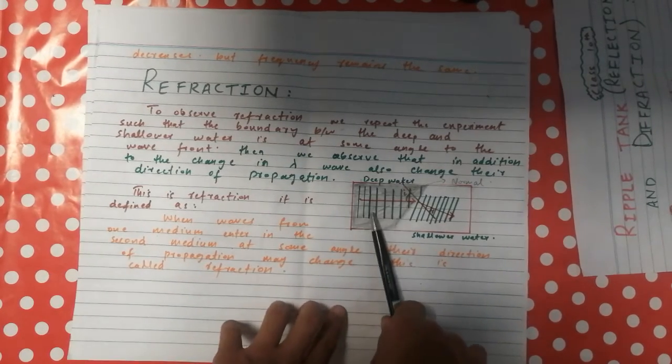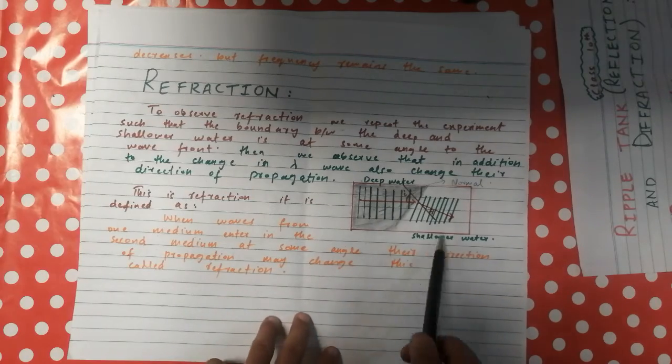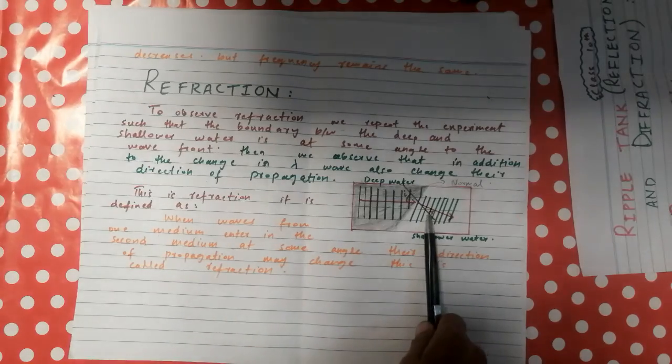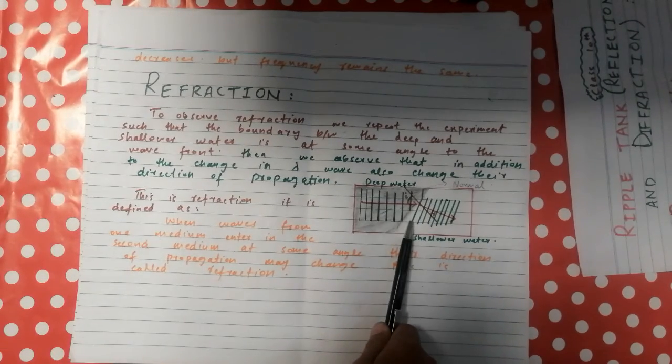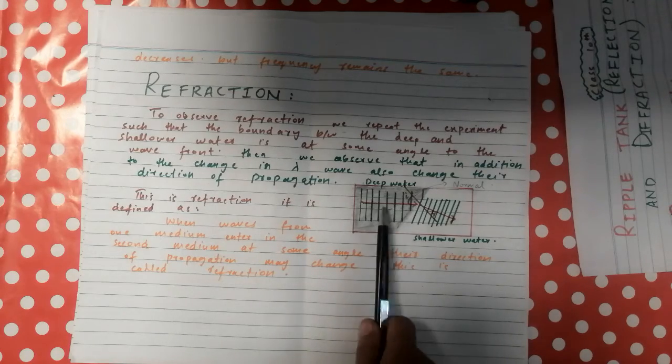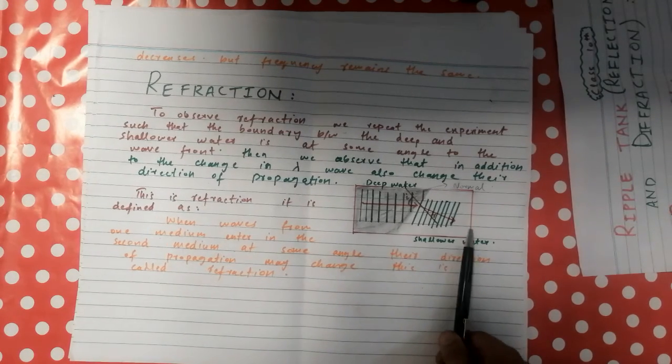Their wavelength decreases and their direction of propagation also changes. So the change in the direction of propagation after entering the shallower water is called the refraction of water waves in the ripple tank.